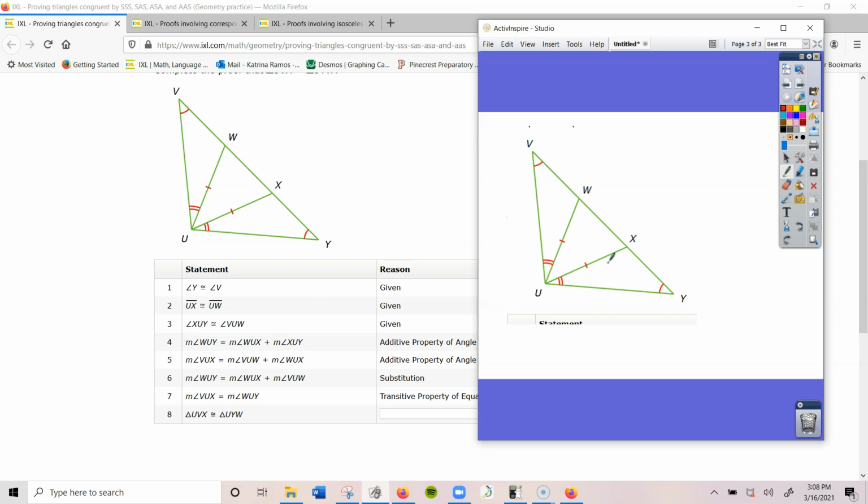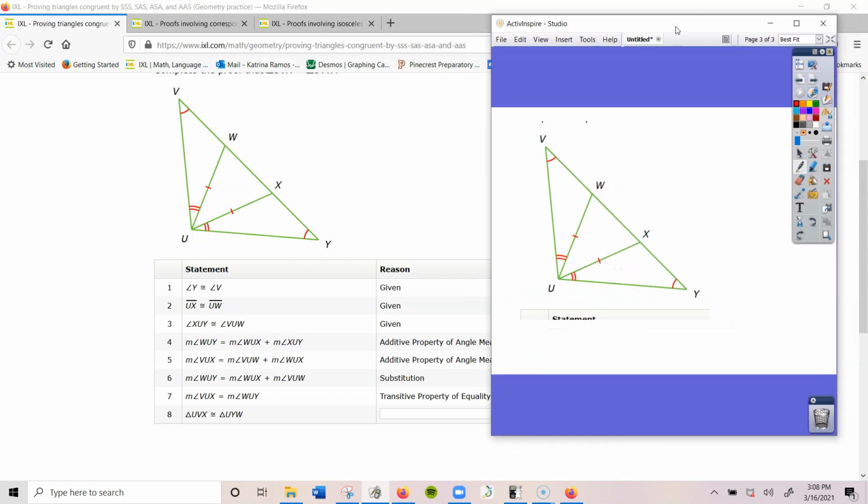Then VUX is equal to VUW plus WUX, also because of the additive property of angles. And then what they did was essentially substitute.